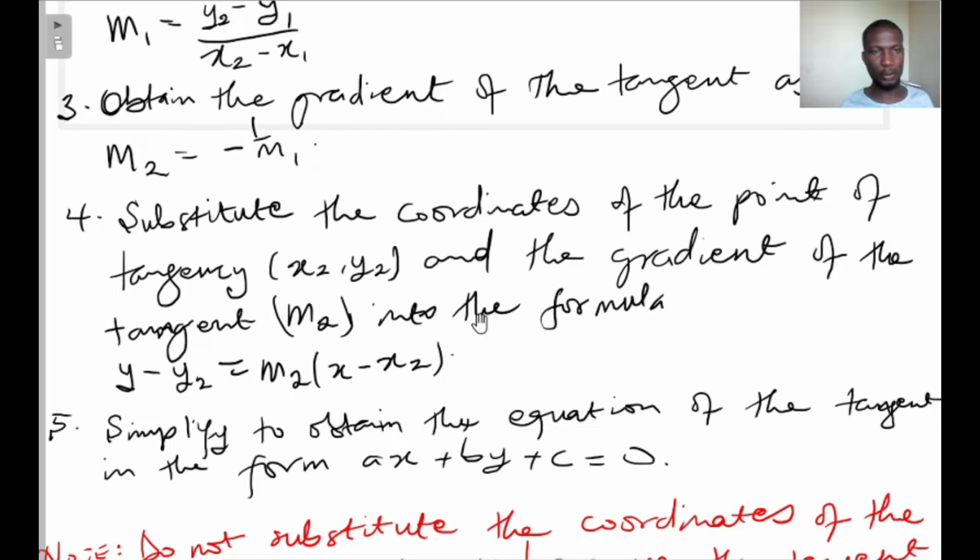Then step 4, substitute the coordinate of the point of tangency, that is with coordinate x2, y2, and the gradient of the tangent m2 into the formula y minus y2 equals m2 times x minus x2.